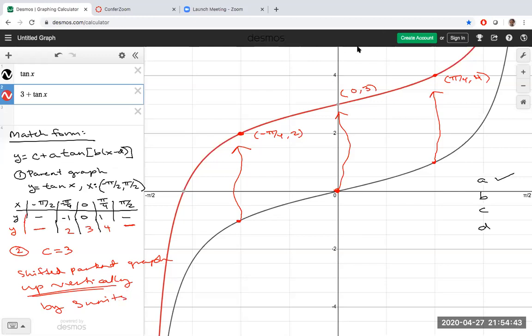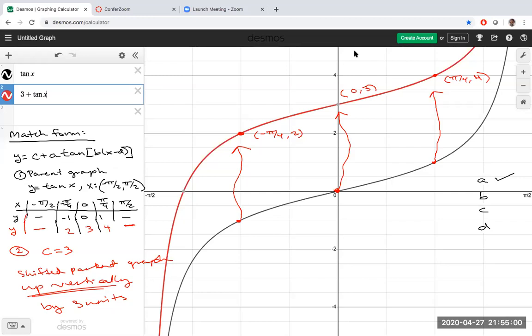Okay, I'm sure you can guess that if we had to put a negative in front instead, we would have shifted down by 3 units. I actually covered that in my last video, so if you want to see that, go to that one.